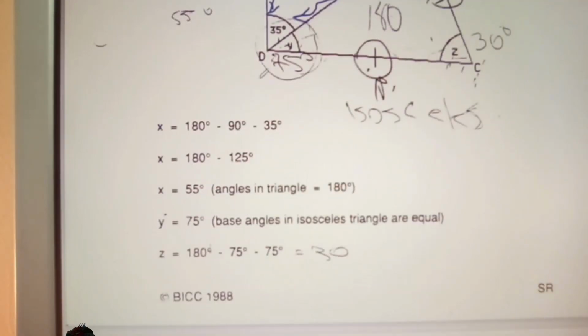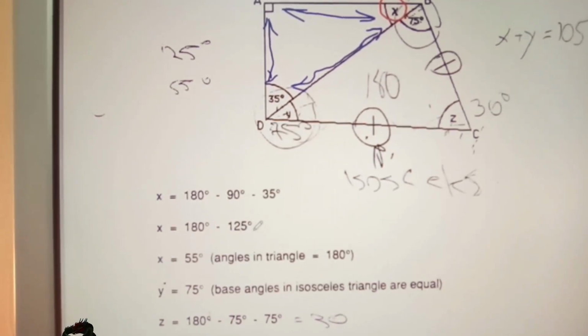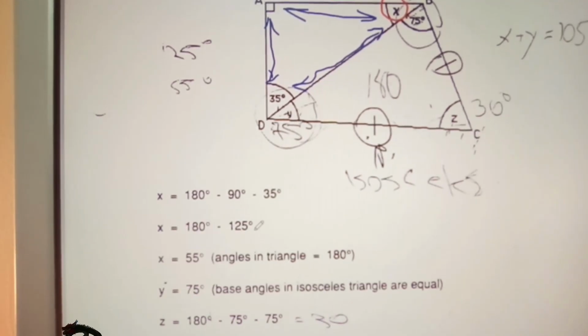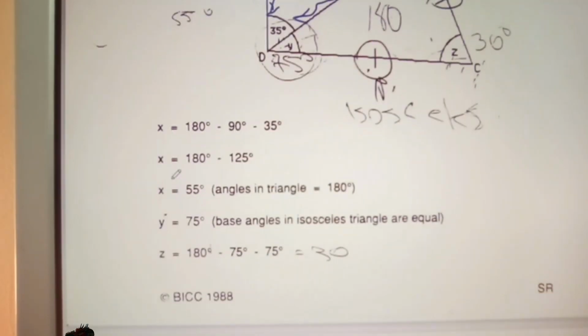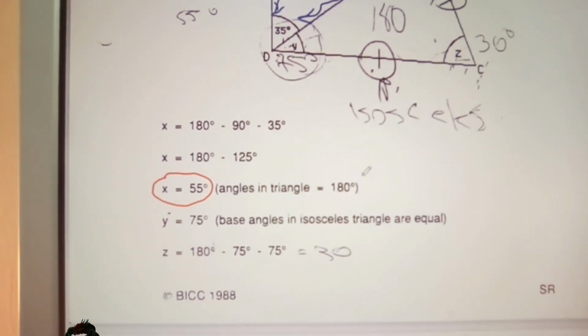So X, bear in mind this angle here should be one, total angles will add up to 180. X equals 180 minus 125. That leaves us how much? 55 degrees. So X is equal to 55 degrees, okay?